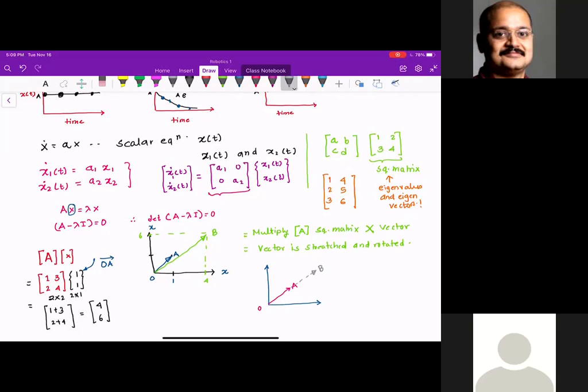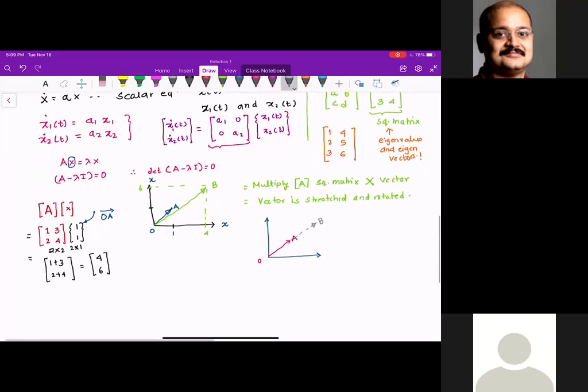Now, why is this scaling and eigenvector super important? Because this is the crux. The eigenvalue problem is: if you have a vector x, you multiply that by A, Ax, what you get is λ times x.